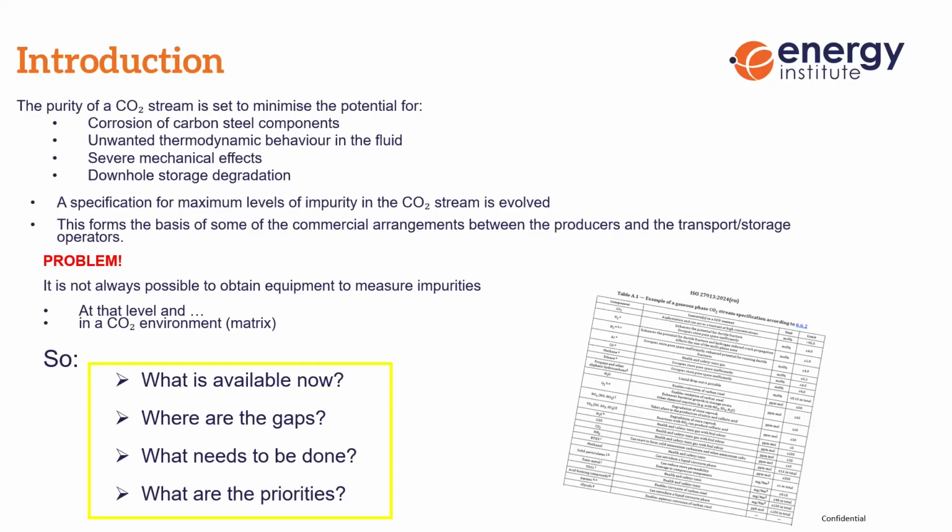And can we assign any priorities to it so that, at least in the UK, we can get the Track One projects away? But what we discovered is that there are other people who are experiencing the same difficulties. So this isn't something which is unique to the UK. This is a set of problems which you will find in any CCS project anywhere in the world.